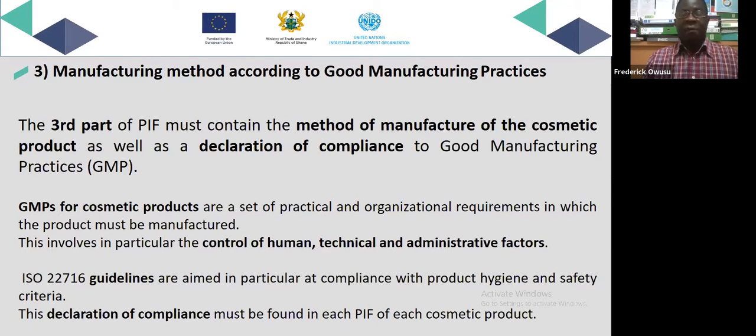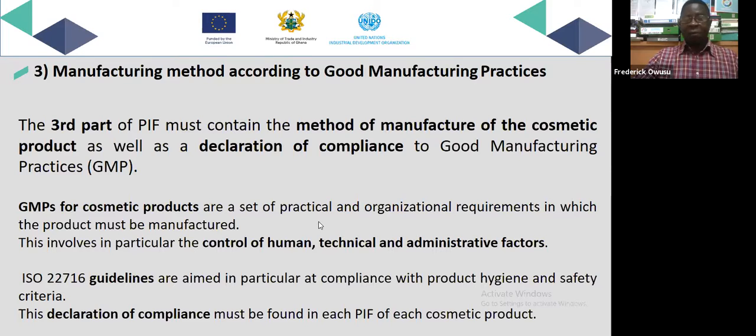I said it involved the control of human, the technical, then the administrative functions as well. The ISO standard that we described last week, these guidelines, I said, it's aimed in particular at the compliance of the product hygiene and safety criteria.